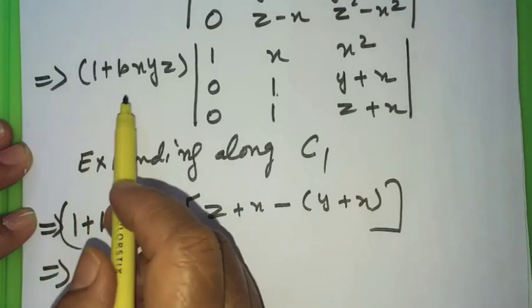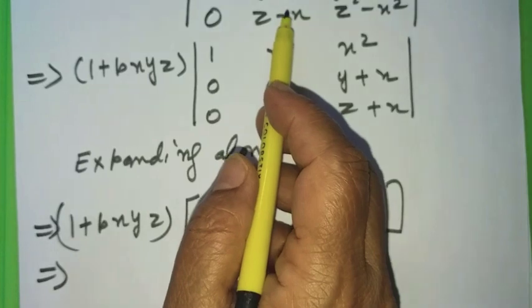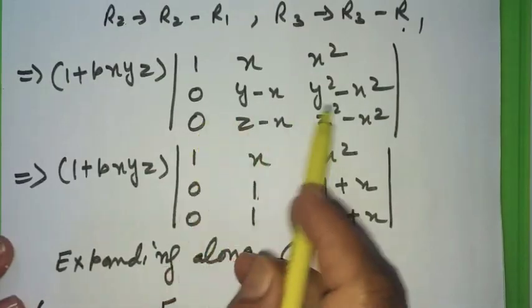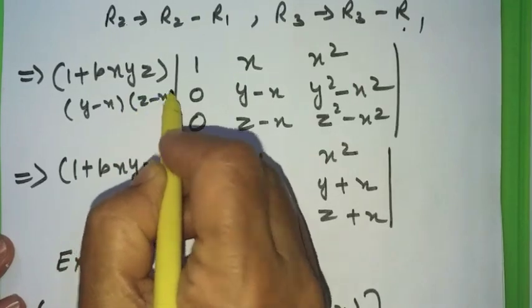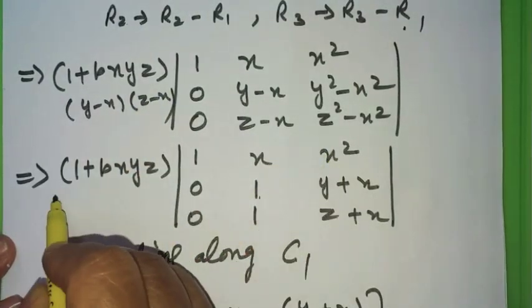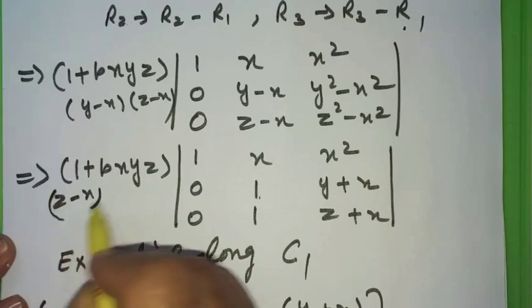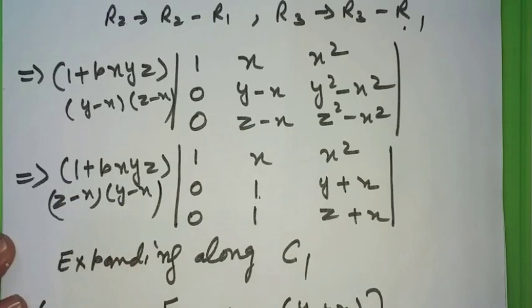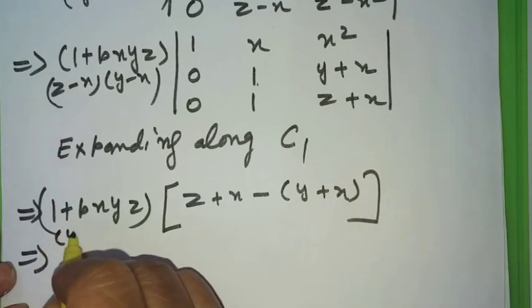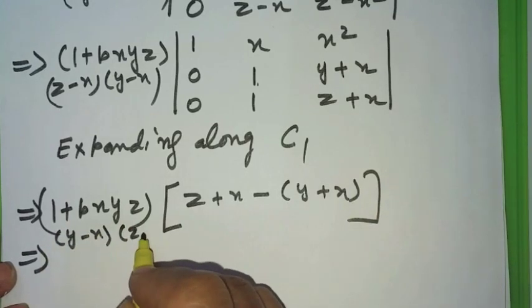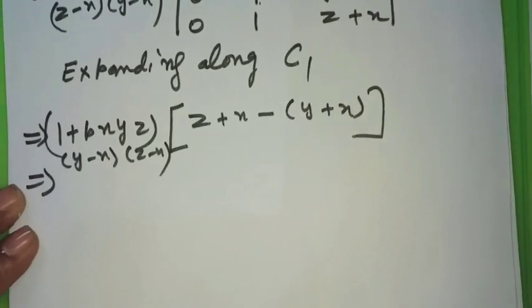But one more thing, this y minus x and z minus x also I had to write with every step. I had taken them common, but by mistake we forgot to write them. So with every step we have got y minus x and z minus x also as common.